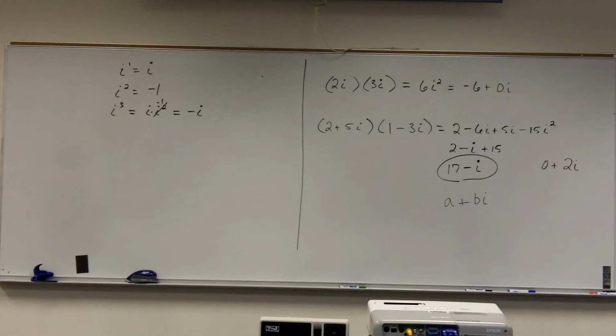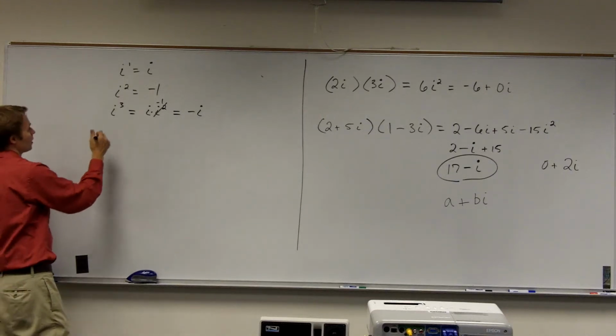Okay? So as we go, we're going to use what we already know to try to simplify the powers of i. So we'll get i for the first power, then negative 1 is i squared, and anytime we see i cubed, it's just negative i. That's what we'll simplify to.